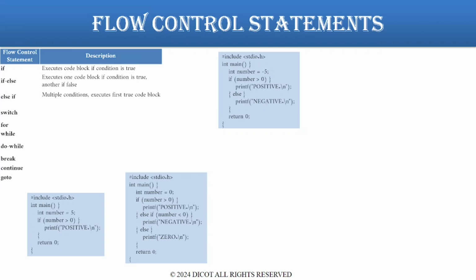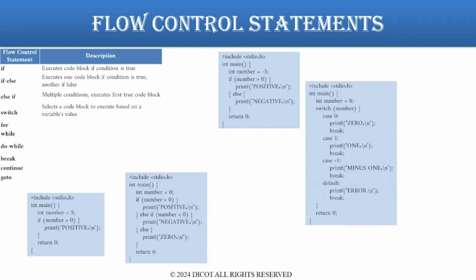The switch statement. It is used for selecting one of many code blocks to execute based on the value of an expression. It's useful when you have multiple cases to handle. Example. In this example, number has been initialized to a value 0, and we are running the switch block with number as the expression.